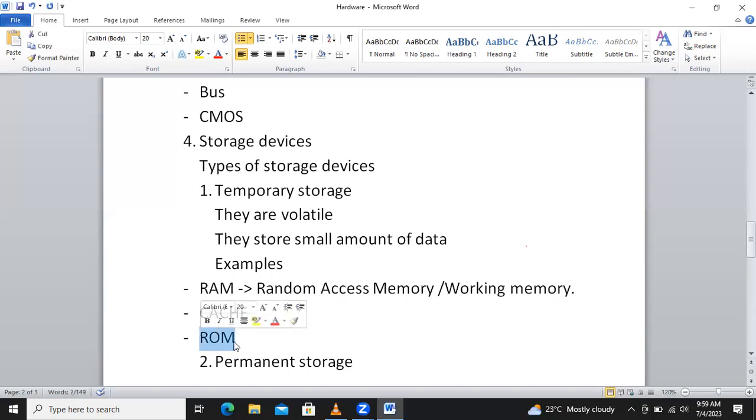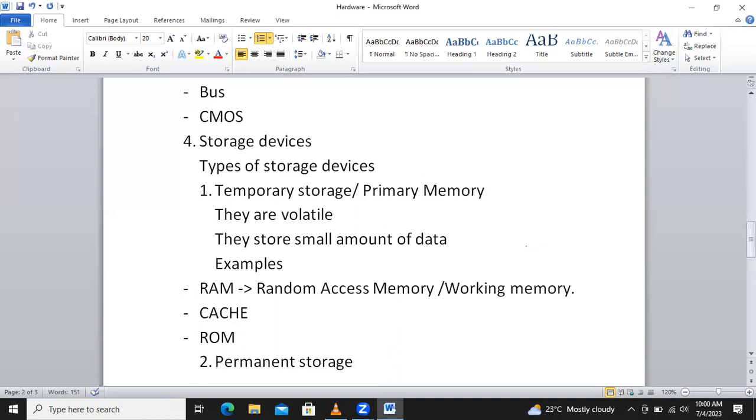That's why you categorize it as temporary storage, or primary storage, or primary memory.